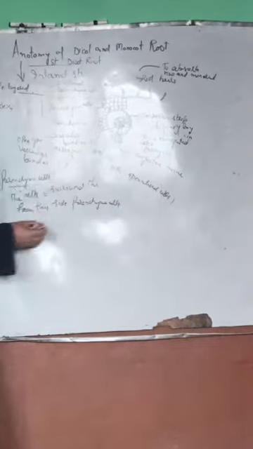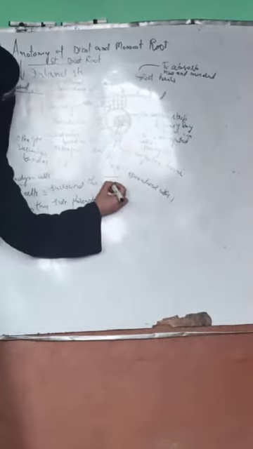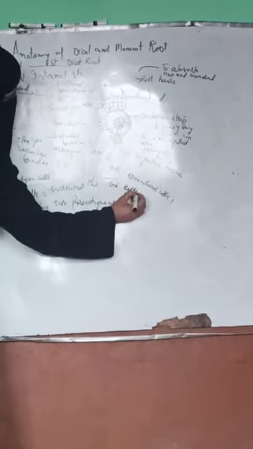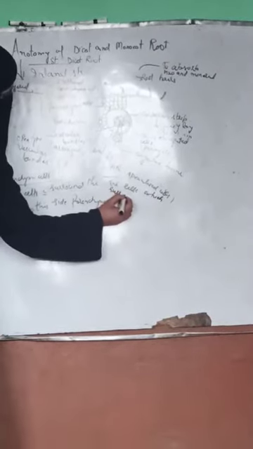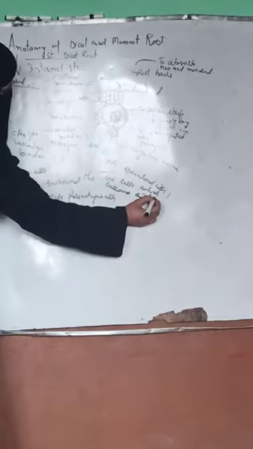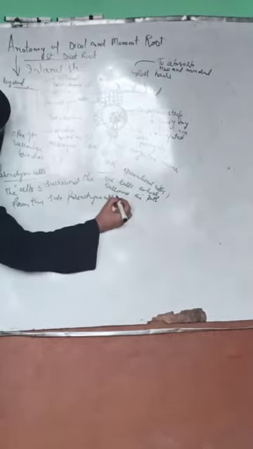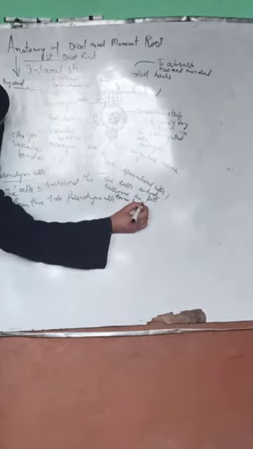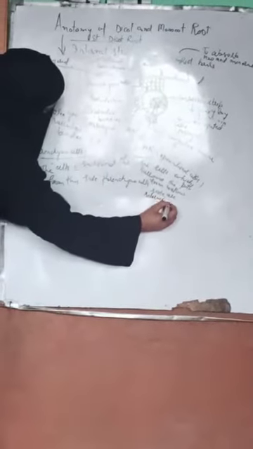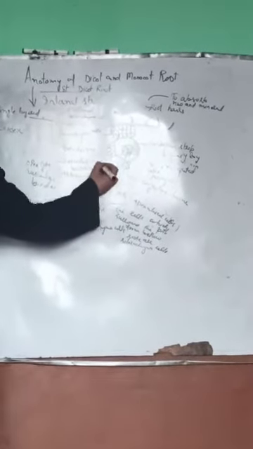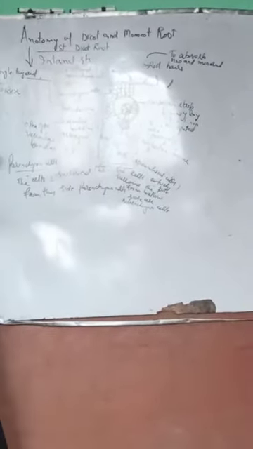Then in this way we can make the structure of a dicot root.